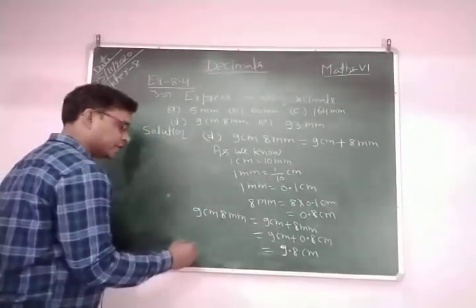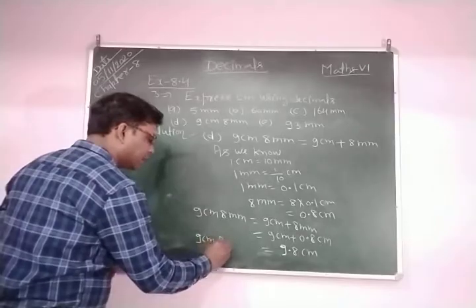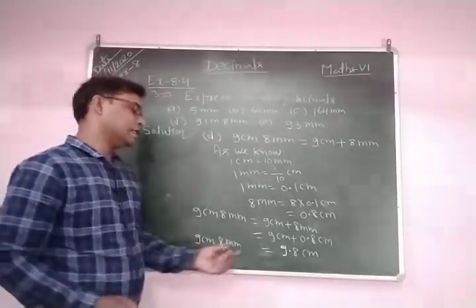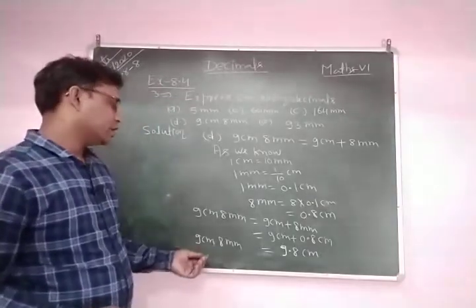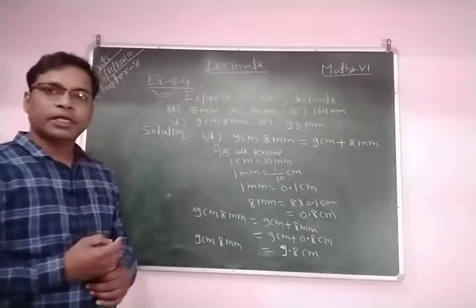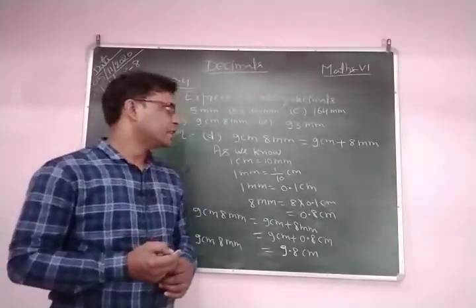So in this way you can see we express 9 centimeter 8 millimeter in centimeter using decimal. So 9 centimeter 8 millimeter becomes 9.8 centimeters. Clear?